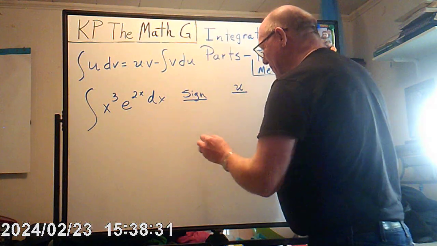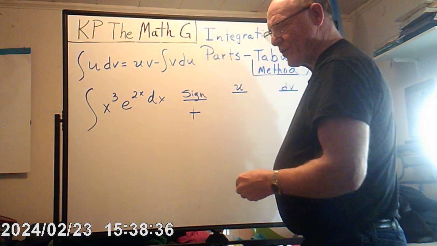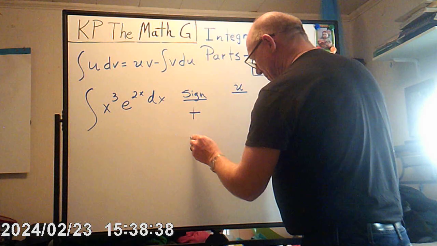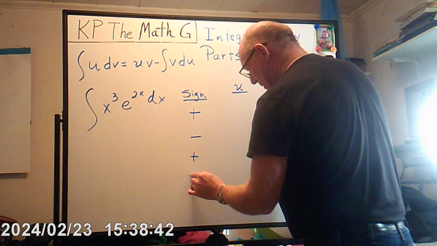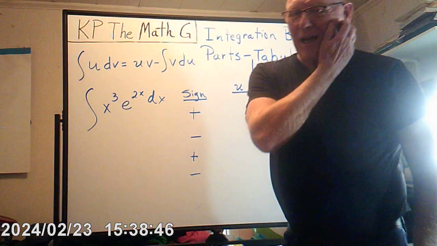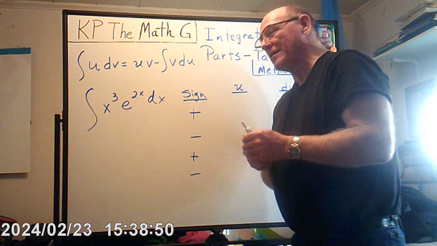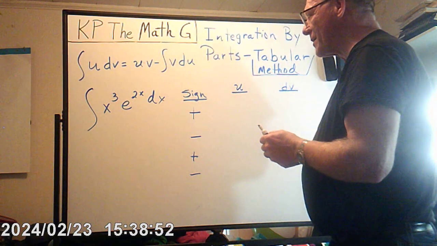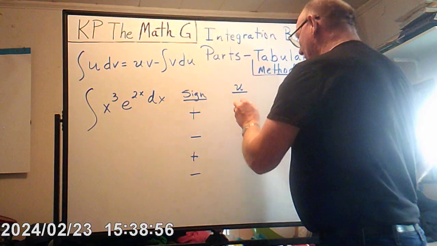Just follow along with me and you'll see what I'm talking about. Always start with plus. We're going to go right down the row: minus, plus, and minus. I've had to restudy this to see how the pattern goes. You usually want u to be whatever x is.